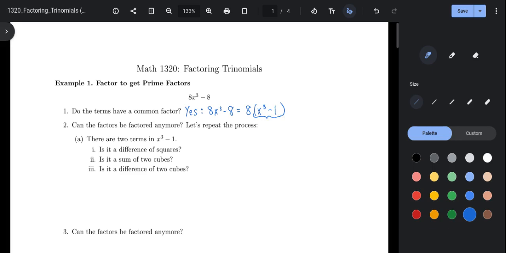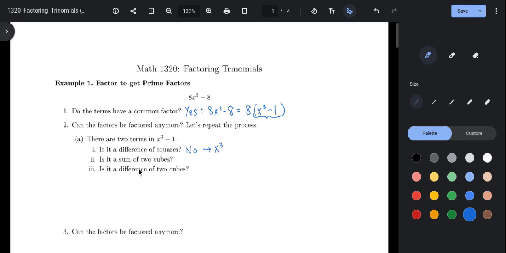And so if I looked at that flowchart and I saw that we have two terms in our polynomial factor, we have three possibilities to consider. So first off, is it a difference of squares? And so again, we're just considering this x cubed minus 1. And we cannot have a difference of squares. And the reason is because our x is cubed. So that automatically discounts that we cannot have squares.